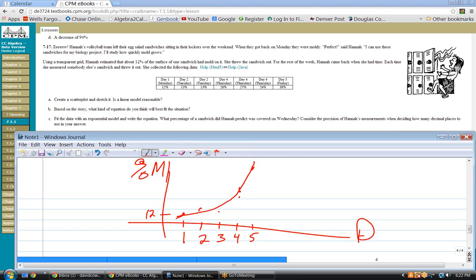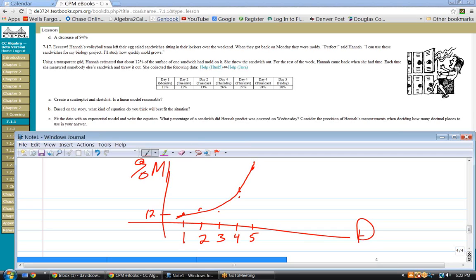Remember when we talked last week about regression models? We talked about linear regression, and then we said that your calculator also would let you do quadratic regression, and it would let you do exponential regression, logarithmic regression, all of those.